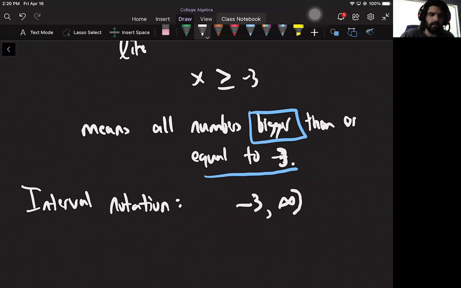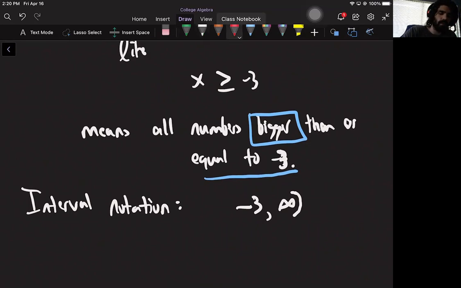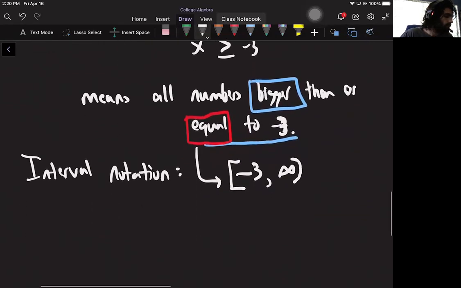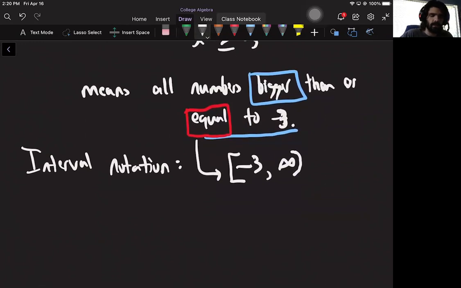And then on the -3, because we are including -3 in the count, instead of writing parentheses, we write a square bracket, because of the equal sign. If there wasn't an equal sign, then it'll be a parentheses, which is what we'll see next. So just keep that in mind. It's easier to get once you do a bunch of examples and compare. So we'll get there.